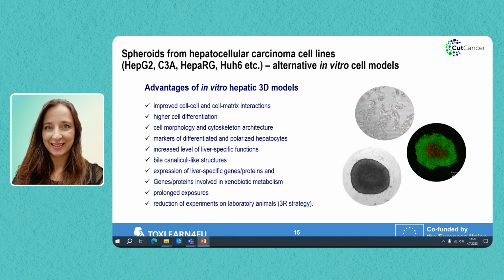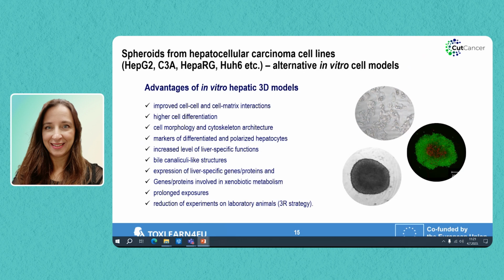So they express liver-specific genes and proteins, of course, that are involved in xenobiotic metabolism. As I mentioned, they allow prolonged exposure, and very importantly, they also reduce the experiments on animals. So this is in compliance with the 3R strategy.